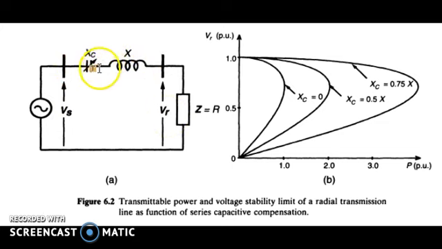By varying the voltage across this capacitor, we can control the voltage drop on the transmission line. Thus we can control the receiving end voltage, and also the voltage drop, or the power loss, taking place in the transmission line.